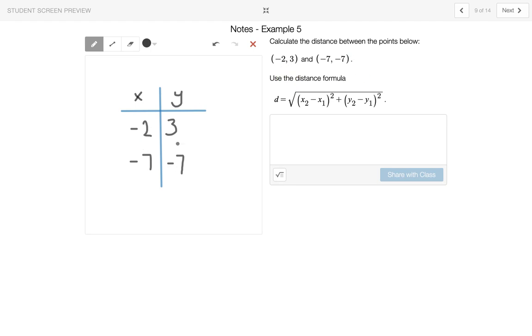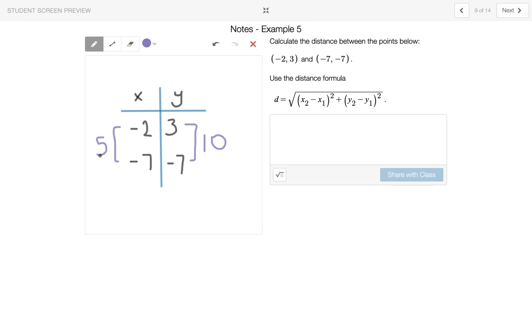So we have -2, 3, -7, -7. Now what we want to do is find the horizontal distance between these 2 points. Well, we know that -2 and -7 are 5 apart on the number line. And then we want to find the vertical distance between these 2 points. So think about how far apart 3 is from -7. That's 10 apart on the number line.